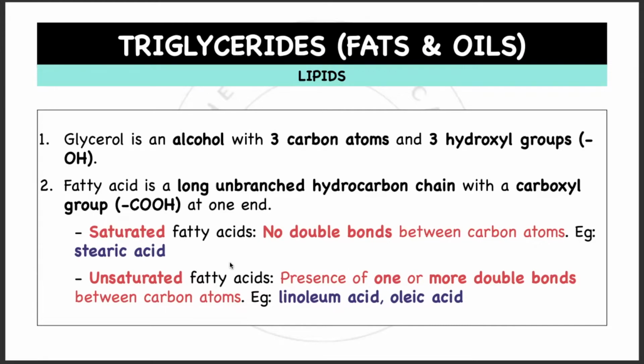One is the saturated fatty acid and unsaturated fatty acid. For saturated fatty acid, you have no double bonds in between the carbon atoms. An example would be stearic acid. Whereas for unsaturated, there is presence of 1 or more double bonds between the carbon atoms. And a few examples of that would be linoleic acid and oleic acid.